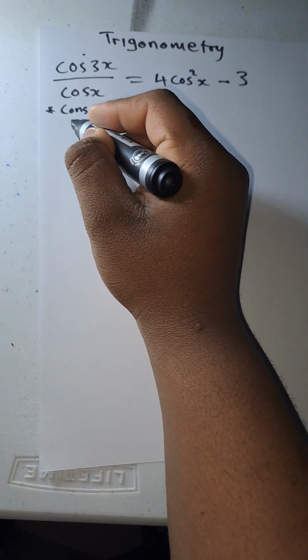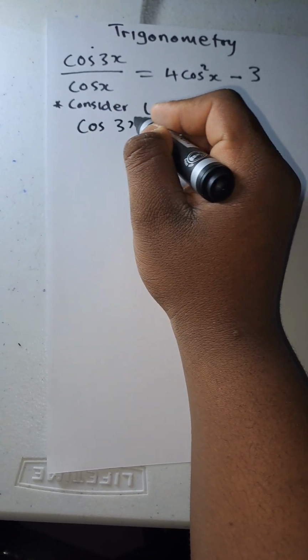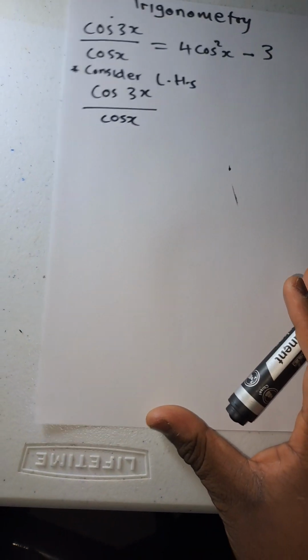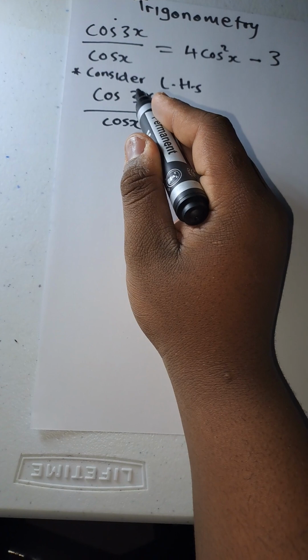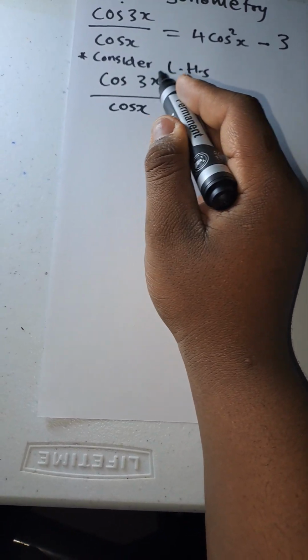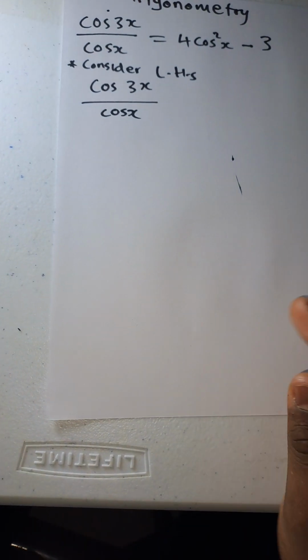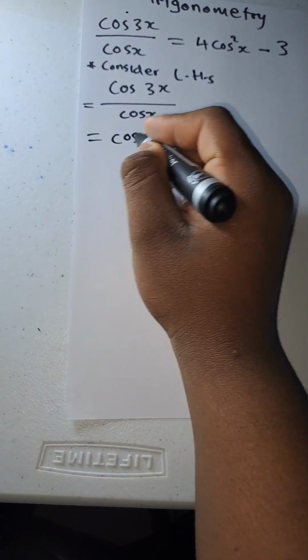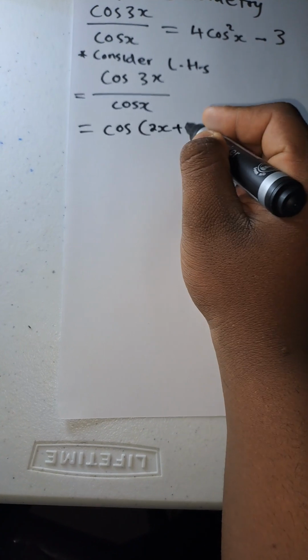I have cos 3x over cos x. Is it fine now? So now since I have 3x here, I can open up this 3x. So you are gonna do cos of 2x plus x.